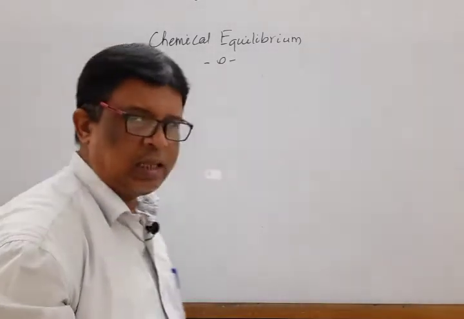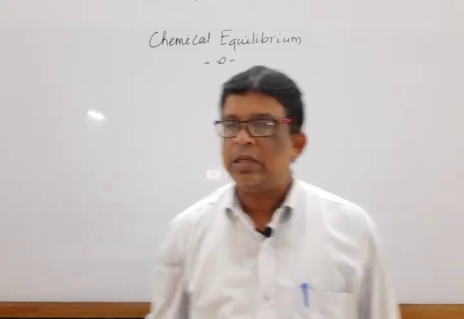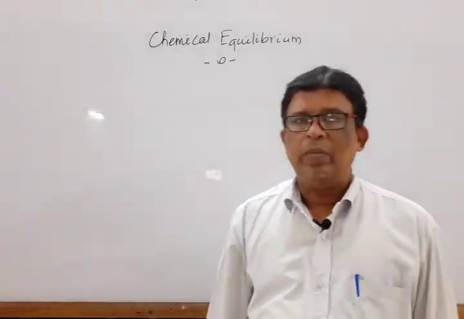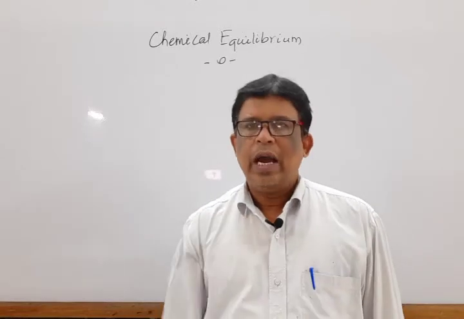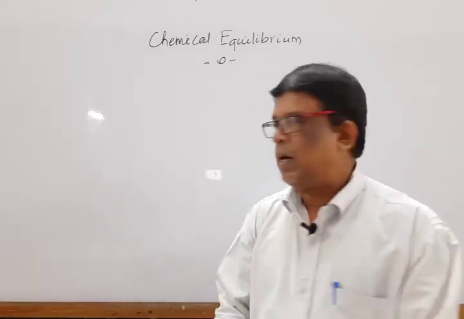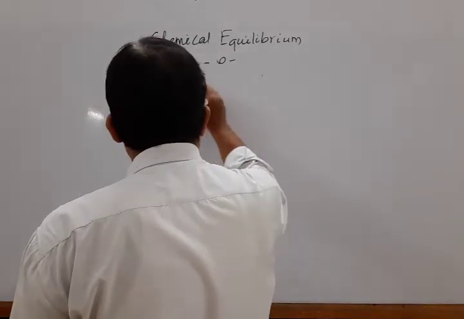Next we discuss another term, that is the heading of the chapter, chemical equilibrium. So two terms are there, one is equilibrium and one is chemical equilibrium. So first we discuss what we mean by equilibrium.